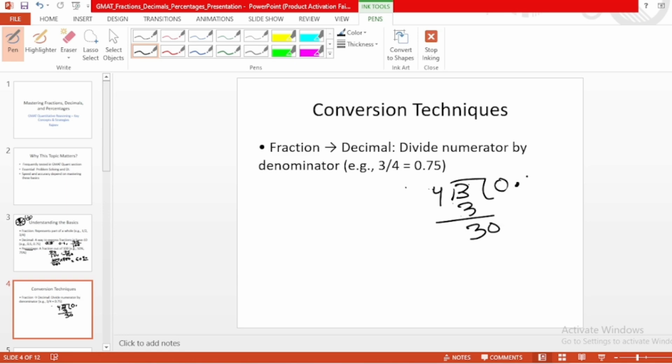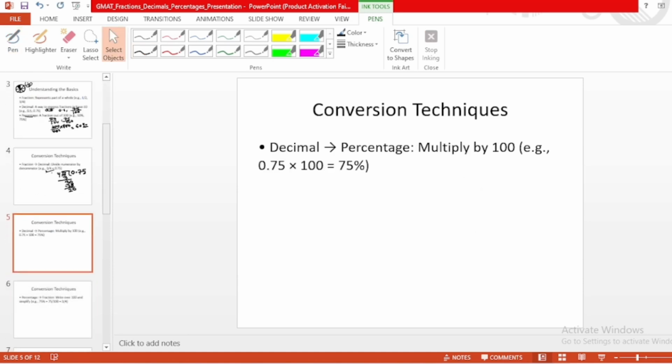We get 37, 28, and after subtracting, we get 2. Since there is a decimal point, we get 20. So it becomes 0.75. This is the way we convert a fraction to a decimal. Just divide the numerator, here 3, by the denominator. You can practice as many questions as you like, which will make you comfortable with this.